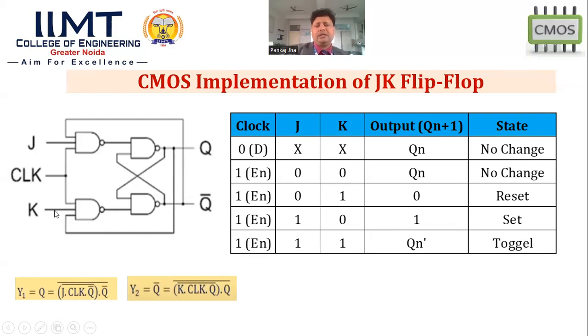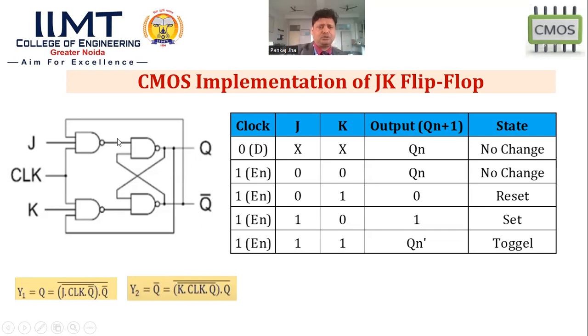Okay, so if we try to write the equation, how will we write it for Q? For this Q, we will write J into clock into Q bar. Here I have written J into clock into Q bar, and this is a NAND operation, so I have mentioned the complement.